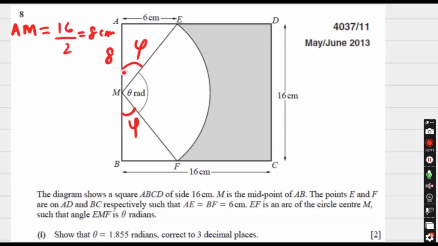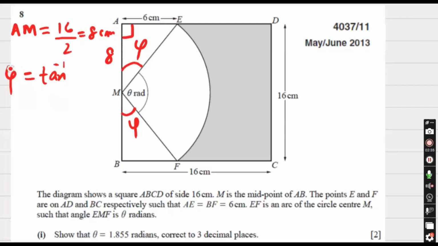Therefore we can say angle EAM is 90 degrees. Now we will use a simple trigonometrical ratio in order to find phi. So phi is equal to, I am using tan inverse, opposite upon adjacent.